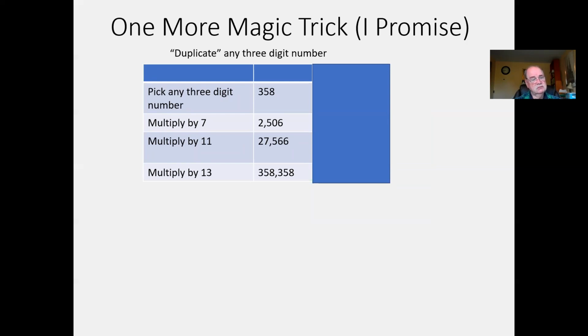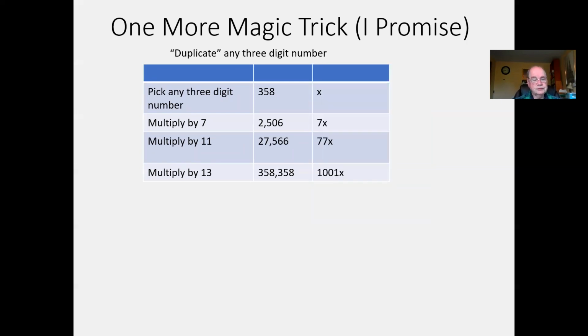Multiply it by 7, then multiply that by 11, and then multiply that by 13. And the 358 becomes 358,358. And this will be true no matter what number you start with.